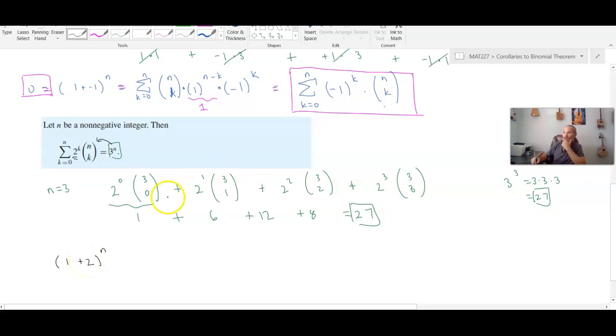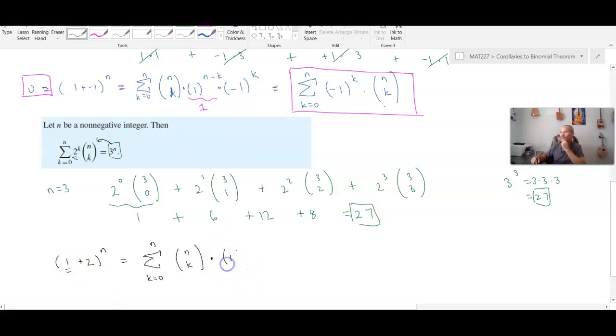So by the binomial expansion, this is the sum from, we'll use k equals 0 up to n, of, according to the binomial theorem, n choose k times x, which is 1, right over here.